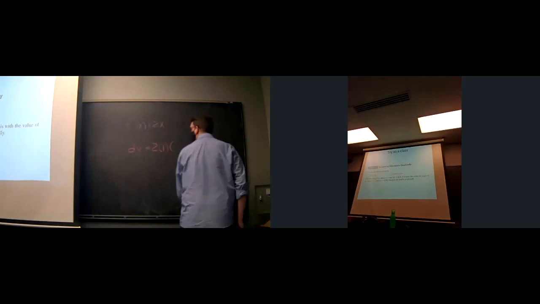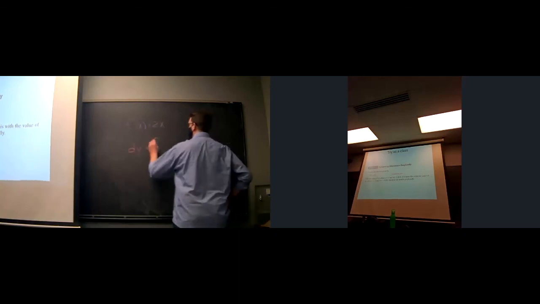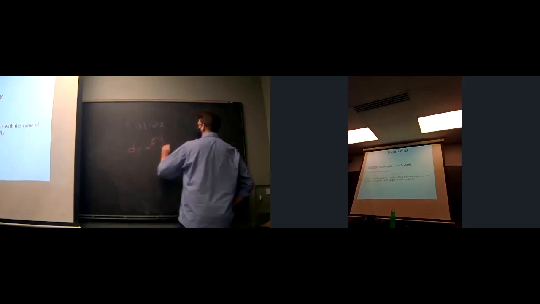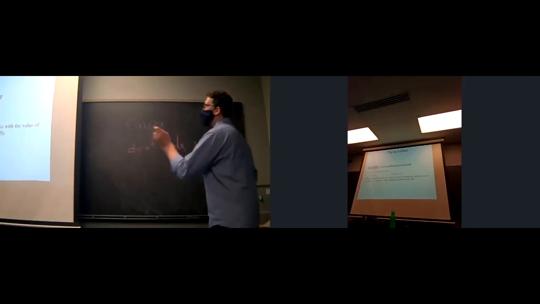Let me actually write it slightly differently. dy is equal to f prime of x times dx. x is equal to 1. dx, we're saying, can be approximated as 0.01.